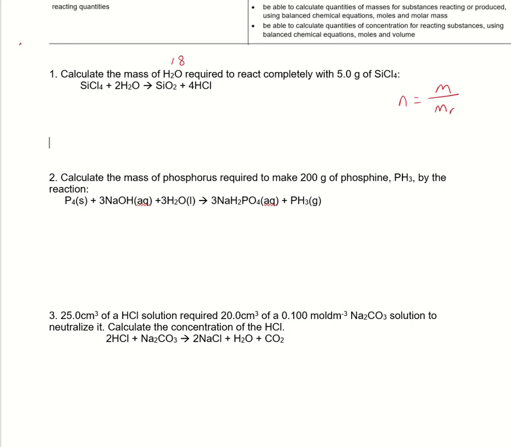So let's see what information we've got about silicon chloride. Well, I know the mass, and in terms of the Mr of it, if I just get my calculator, 32.1 plus 35.5 times 4, 174.1 for the Mr there. So let's start working through this. 5 divided by 174.1.